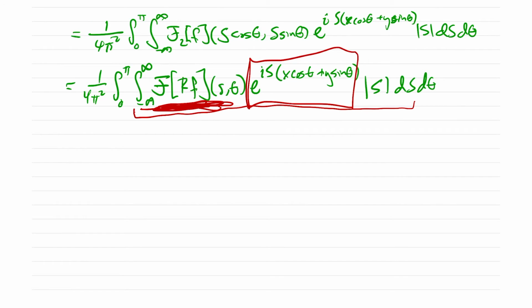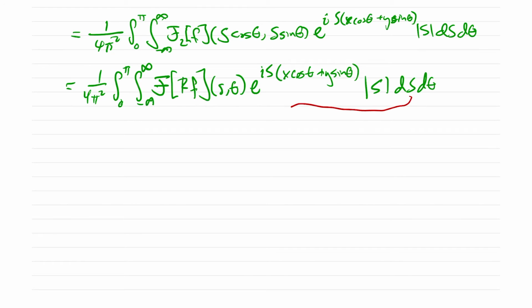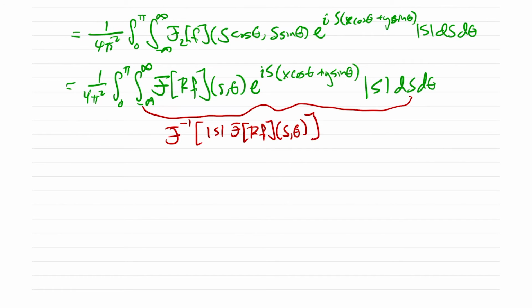We have a function with respect to s times this, and so this here is the same as the inverse Fourier transform of, let's put this all together, the absolute value of s times the Fourier transform of Rf of s, theta. And so that's what we have there, and then of course we need to pull in one of these 2 pi's.